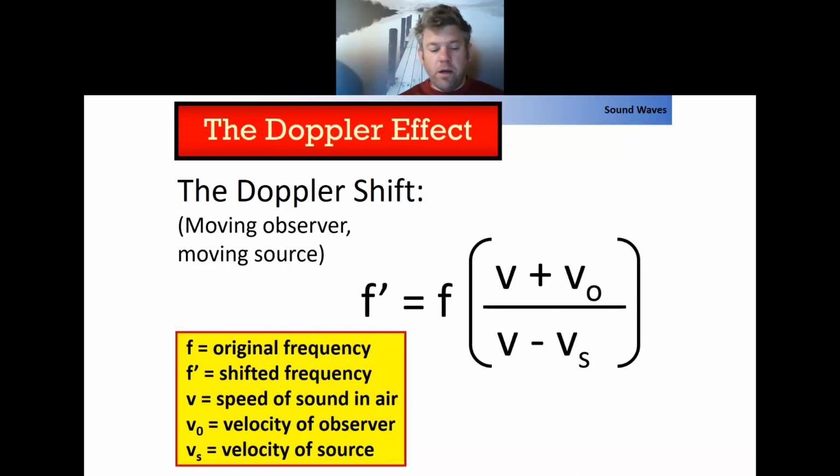V itself is the speed of sound in the air, or the speed of sound in whatever medium. I don't mean to say that it always has to be the air. We can use this with submarines and stuff like that too. The velocity of the observer, pretty self-explanatory. Velocity of the source, pretty self-explanatory.